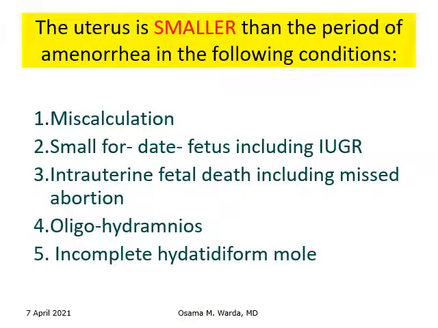On the other side, the uterus smaller than the period of amenorrhea may result from miscalculation, small for gestational age, intrauterine fetal death, oligohydramnios, and incomplete hydatidiform mole.